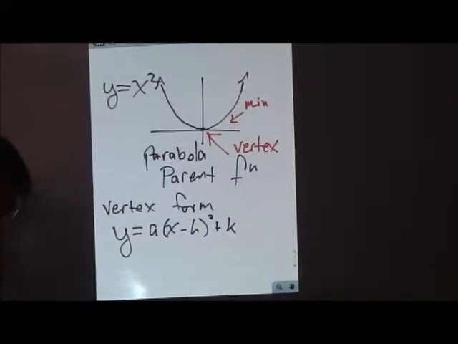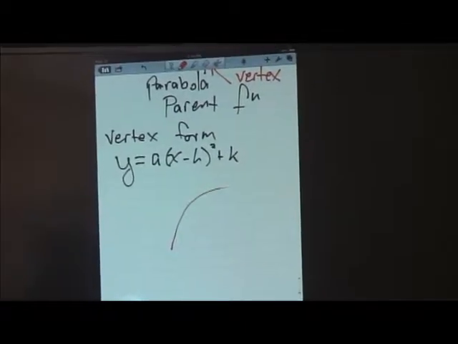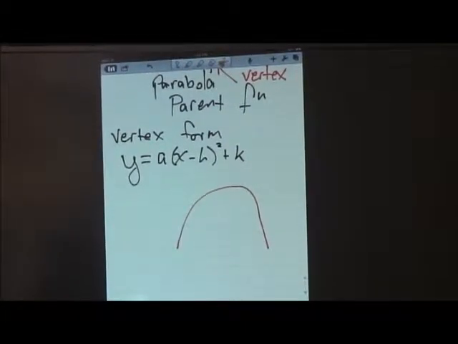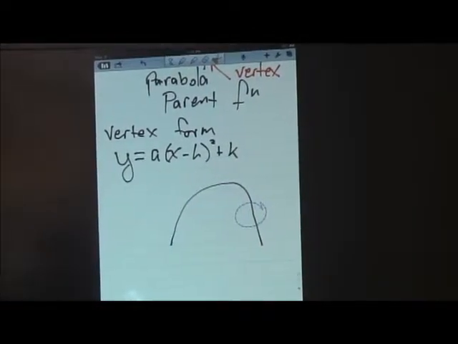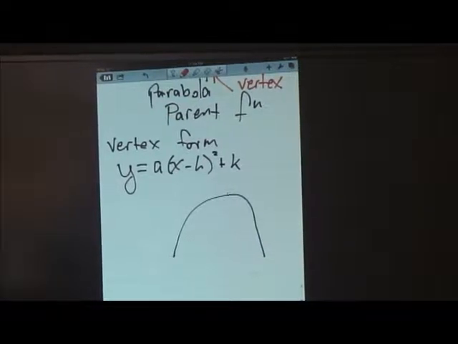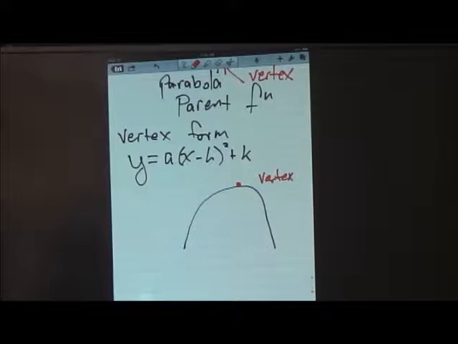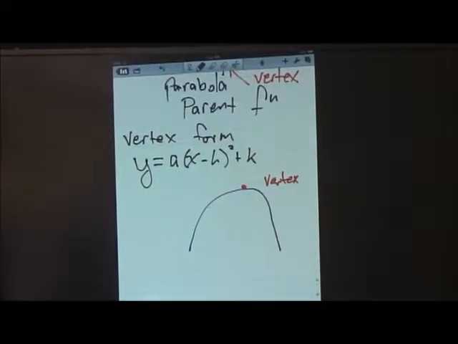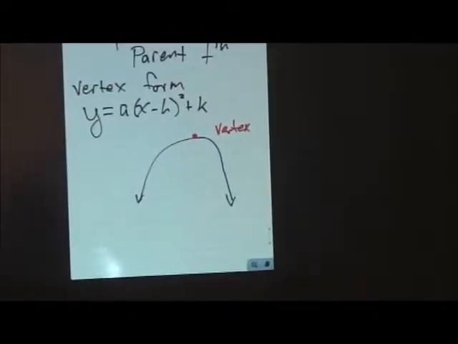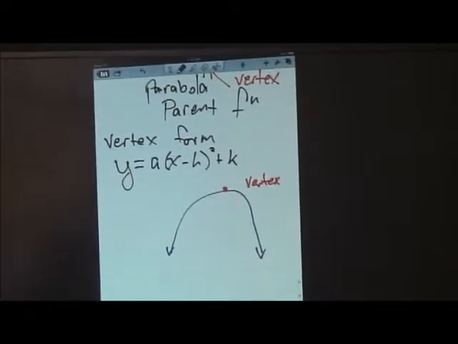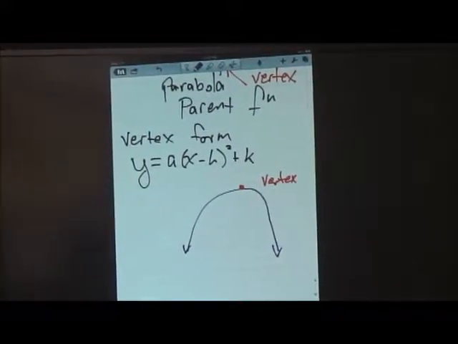If I was to change the parabola in some way so that it draws like this, let me change the color of that. Then my vertex moves to the top. And as we're looking at the parabola, it's heading down to negative infinity on both sides, on the left and on the right.